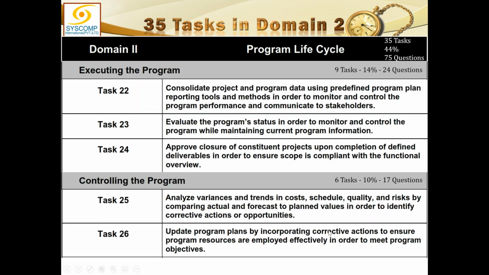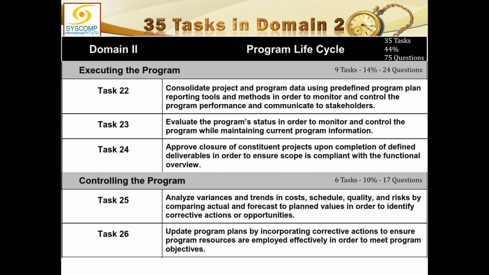Next is task number 22: consolidate project and program data using predefined program plan, reporting tools and methods in order to monitor and control the program performance and communicate to stakeholders. First we were worried about initiating the project, monitoring the project and all that.